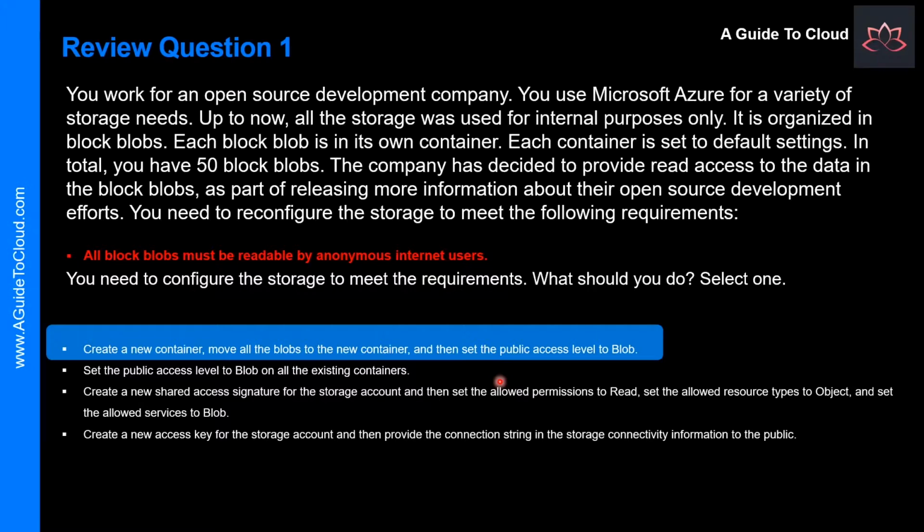A shared access signature could work here, but not with the settings outlined in the answer choice. In this scenario, you should create a new container, move the existing blobs, and then set the public access level to blob. In the future, when access changes are required, you can configure the single container, which would contain all blobs.